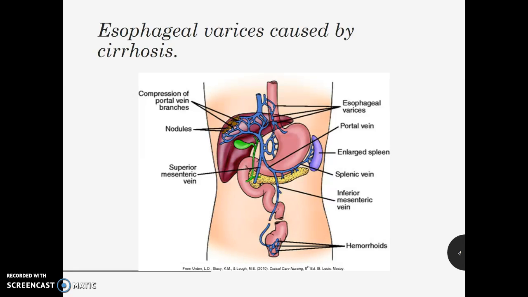But pretty much what happens is there's so much compression of the portal vein in the liver that it backs up blood and causes portal hypertension, and also makes the veins that are in the esophagus bulge, and therefore makes them more likely to bleed with any kind of irritation in the tissue of the esophagus.